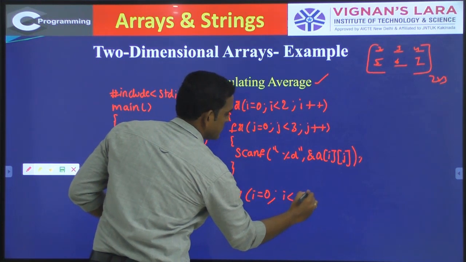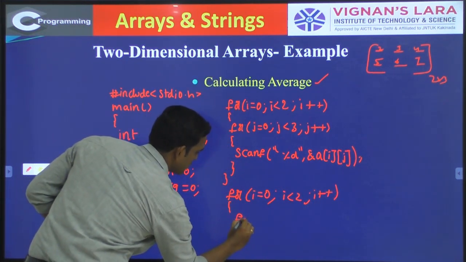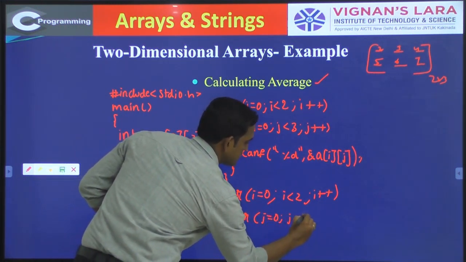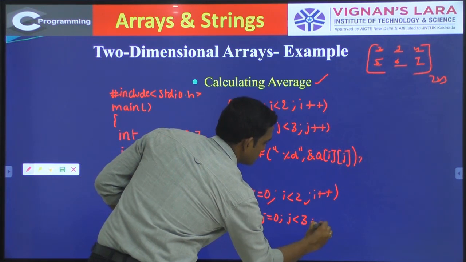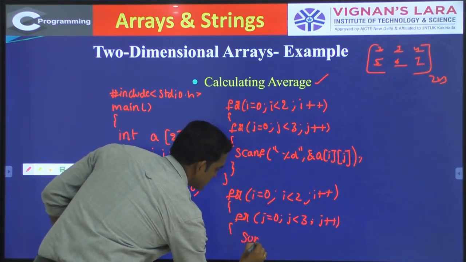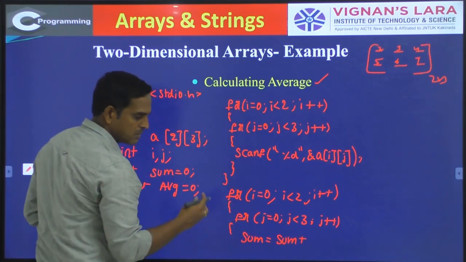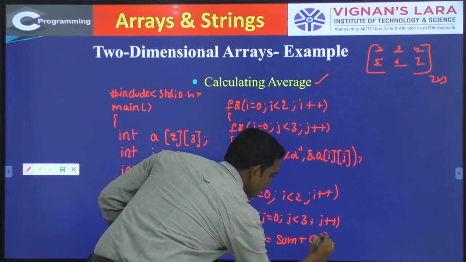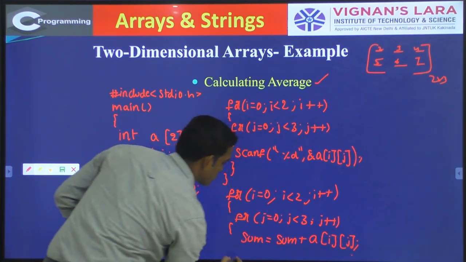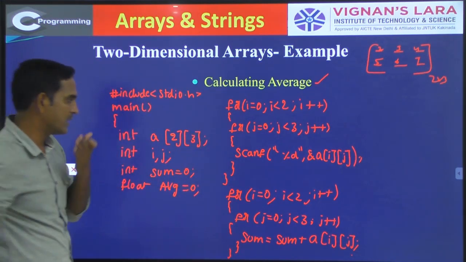So, i less than 2, i plus plus, for j equal to 0, j less than 3, j plus plus. In the last session itself, I told you how to sum the values in your array. Sum is equal to sum plus a[i][j]. So this is how you will sum all the elements present in your array.